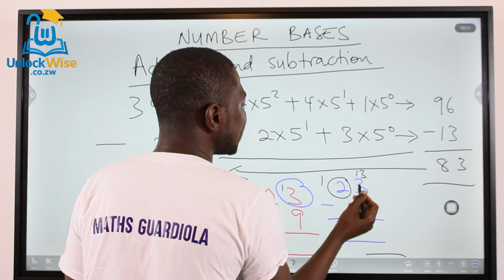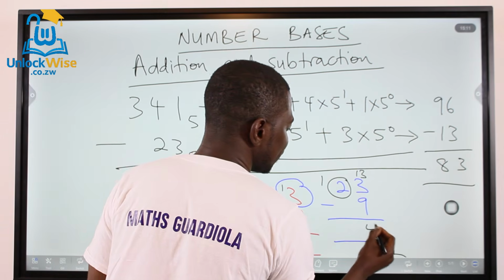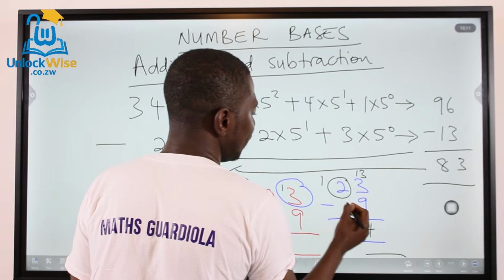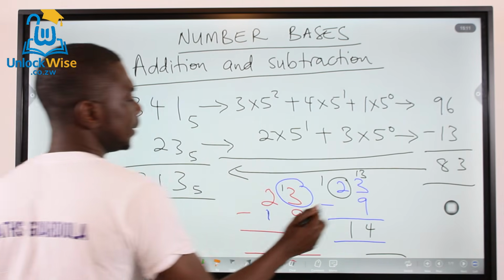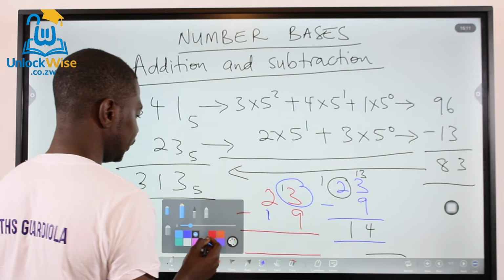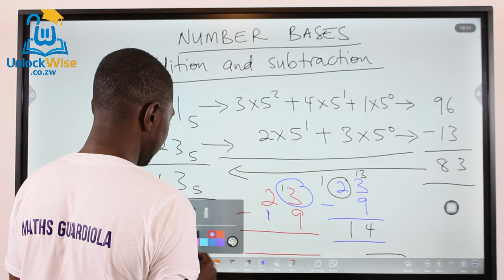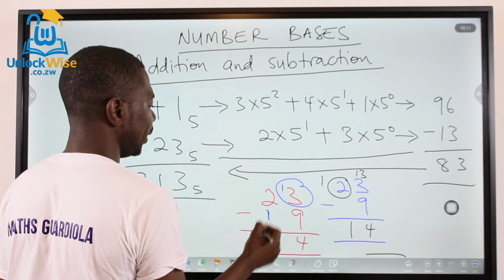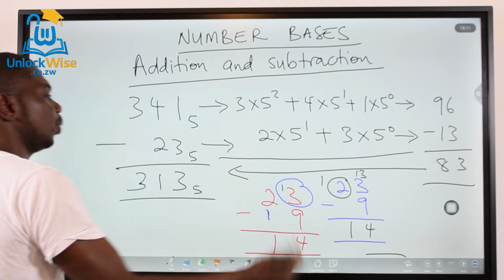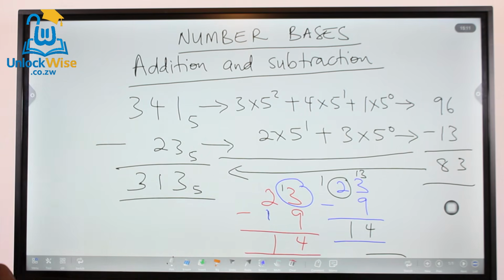So we'll have this as 13 minus 9, which will give us 4, and then 1 minus 0, which is 1. So to those who do this, it is still one and the same thing. 13 minus 9, you get 4, and then 2 minus 1, you get 1. So that's the same idea we implement here.